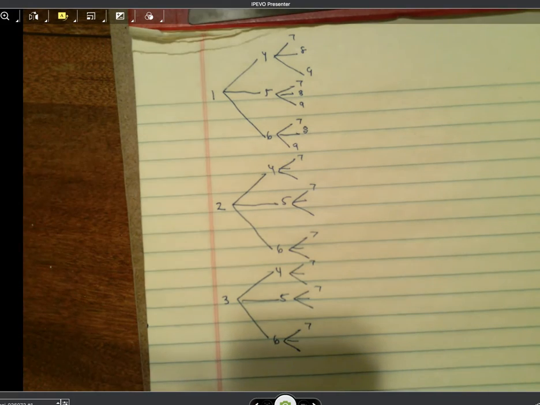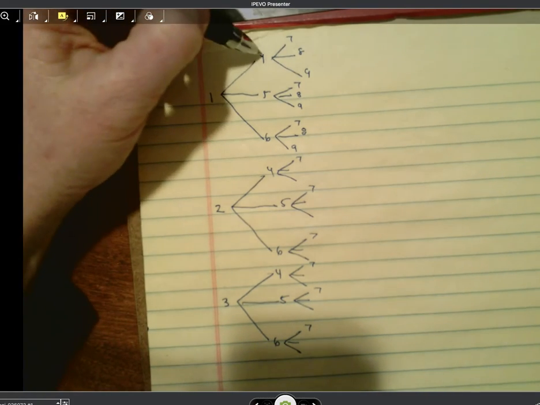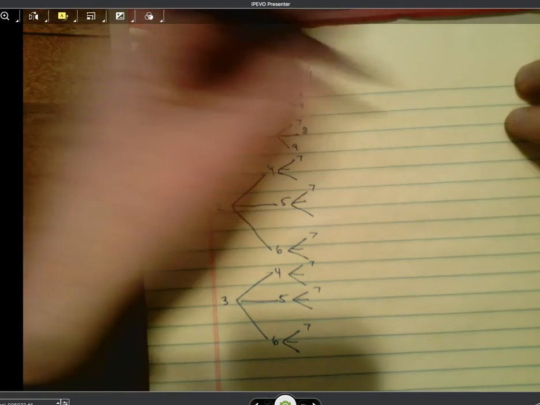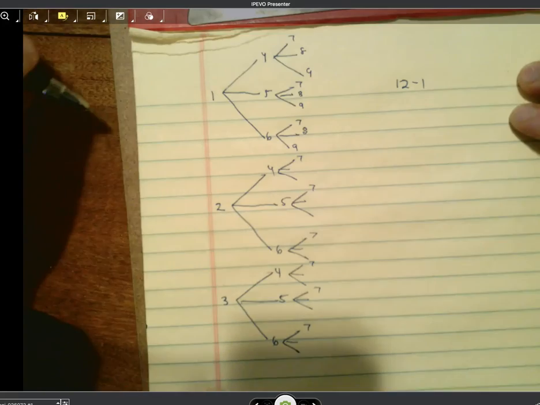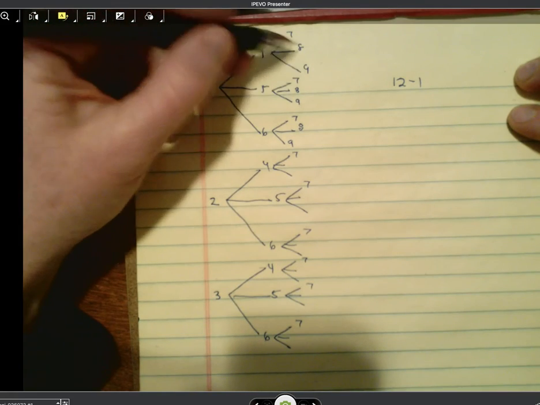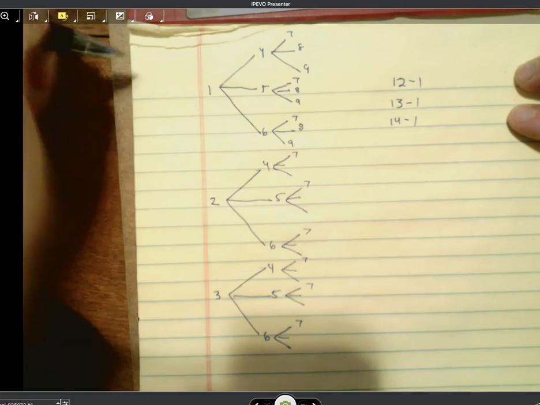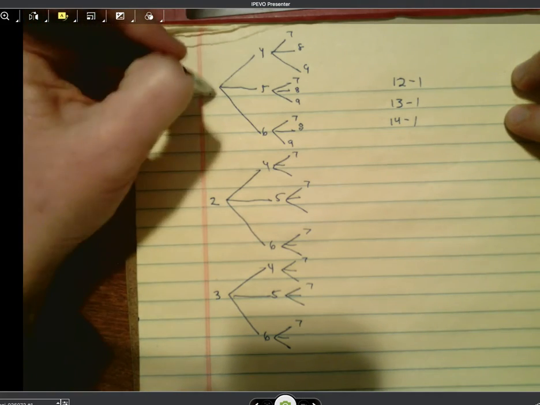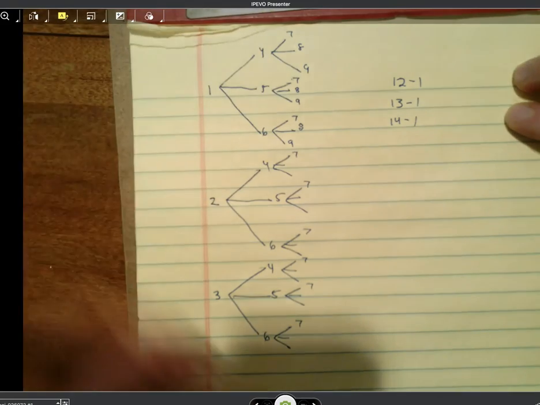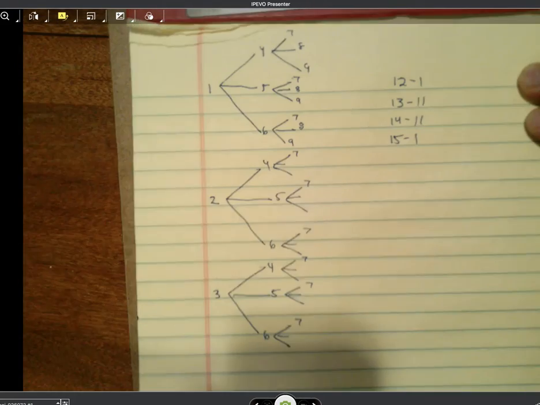Okay, we need to tally how many times a sum appears. So this is going to be 4, 5, and 7 is 12. So 12 occurred once. And now it's just 1 more. So we're going to have 13, 14. Okay, they each happened once. Now, here I'm going to start with 1 and 5 is 6, plus 7 is 13. Then I have 14. Then I'll have 15.